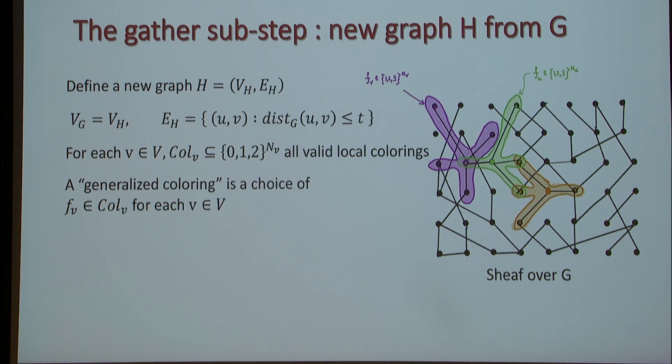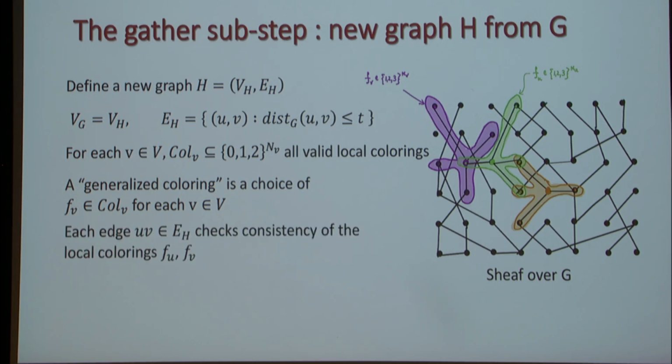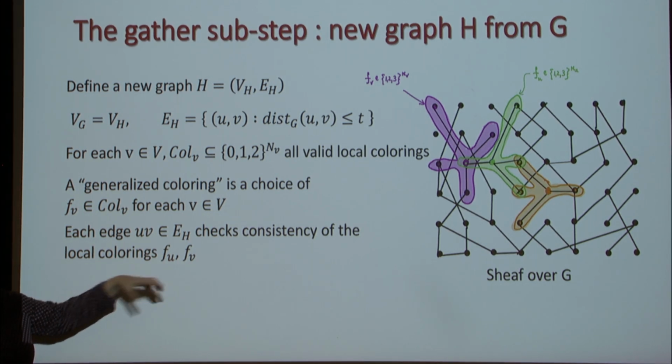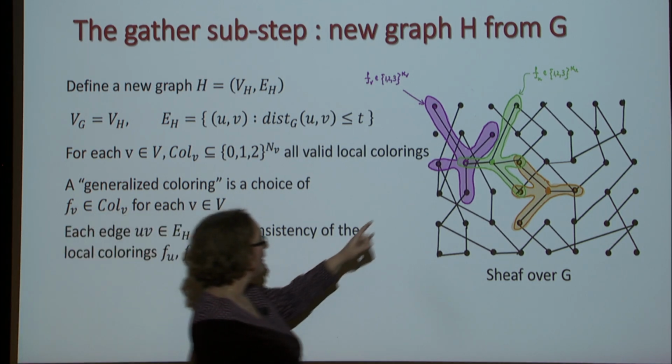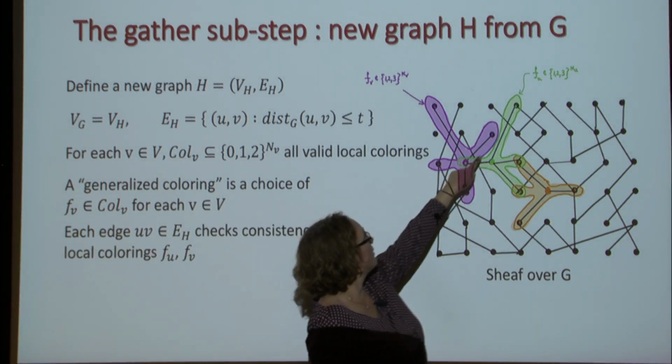And then what are your checks? So for every vertex you expect a local coloring, and for every edge in H, you now look at the two. So if you have an edge connecting U and V in H, you look at the two local colorings, F sub U and F sub V, and you must check that they are consistent. Okay, so for example, you get a local coloring for this neighborhood.